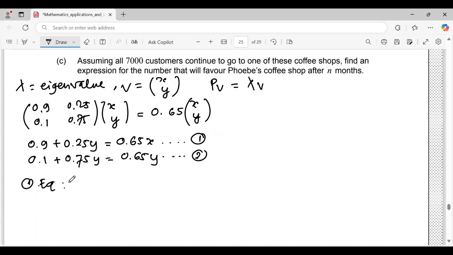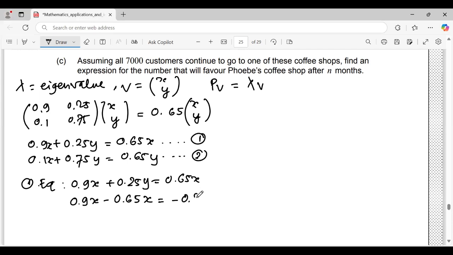The first equation becomes, I'm going to simplify, 0.9x minus 0.65x equals minus 0.25y.